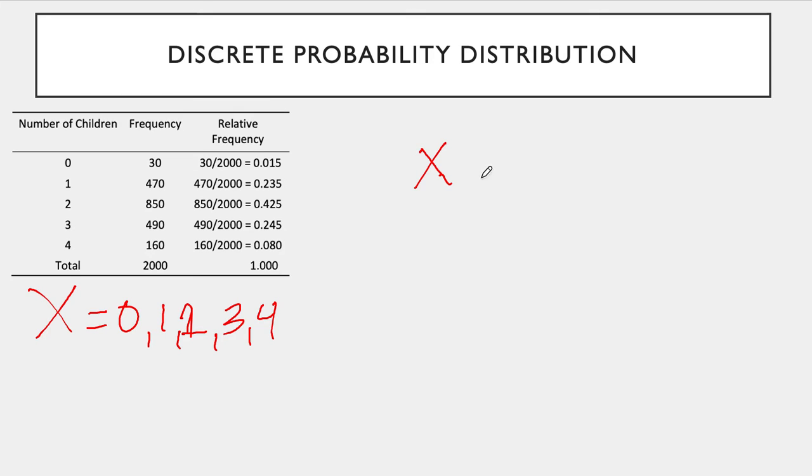We'll be putting those in our first column for the values of the random variable.